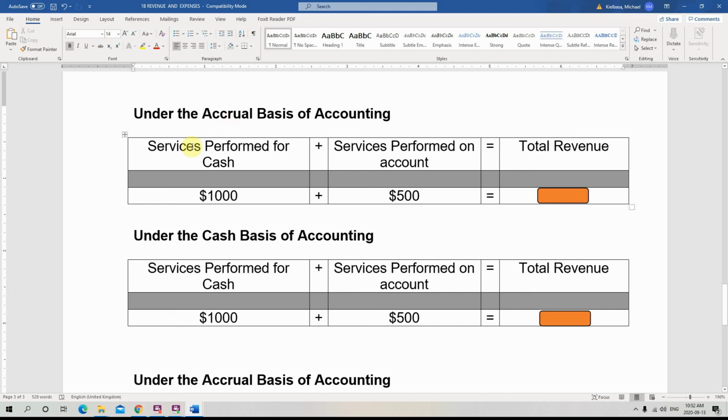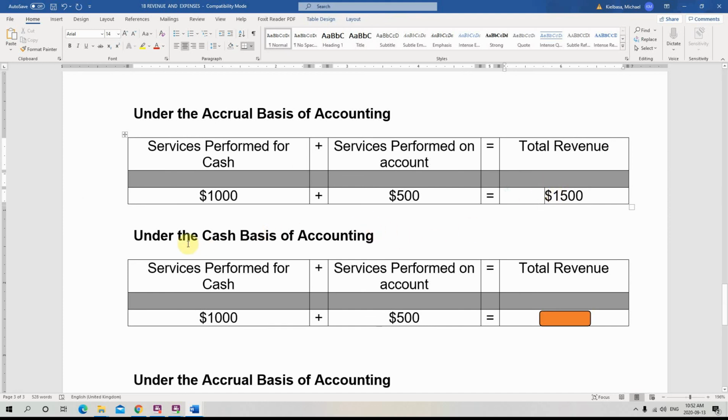So here we have services performed for cash are 1,000 and services performed on account are 500. Does this represent revenue? Yes, because we performed the service. Does this represent revenue? Yes, because we performed the service. So under the accrual basis of accounting, total revenue is 1,500.